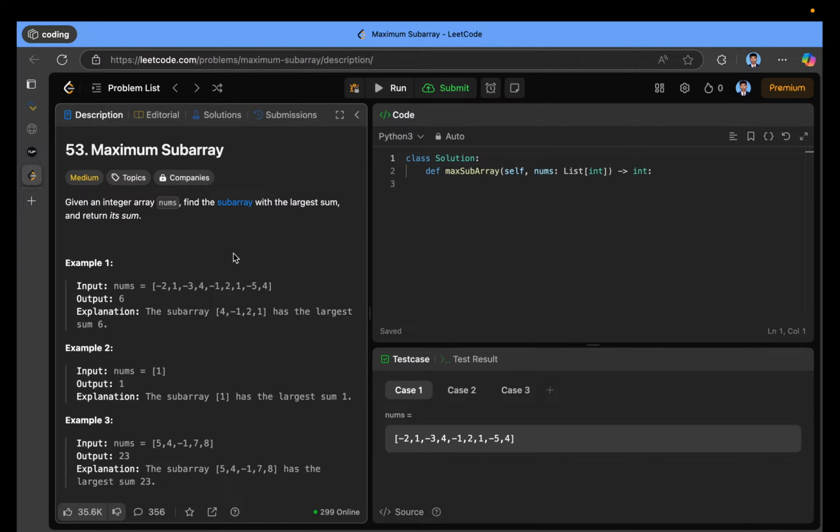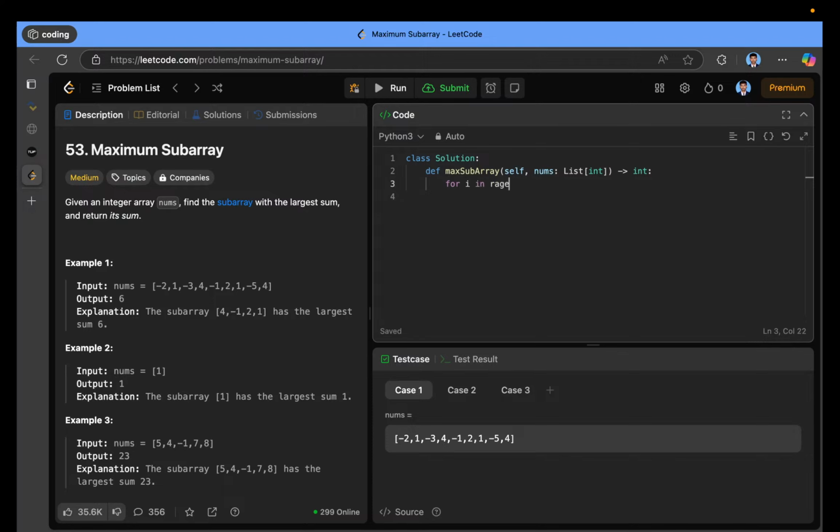Okay, let's go with the brute force that I can think of. Two loops for the first and the last.